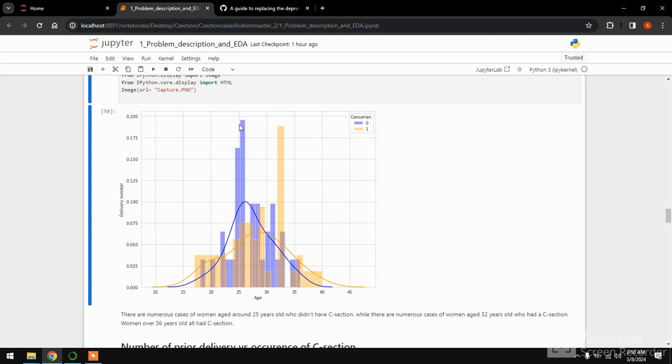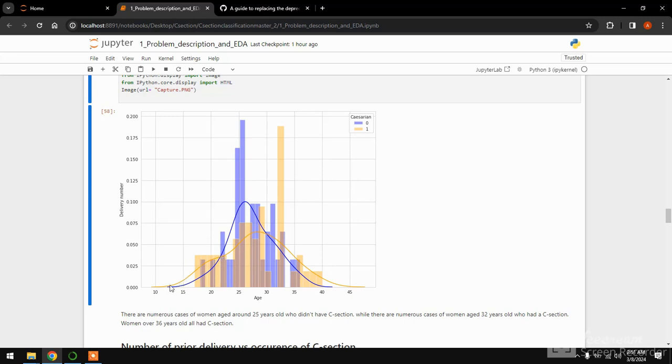As you can see, according to this chart, according to this data set, women between the age of 24 and 26 had the most probability of delivering through C-section, and women between the age of 33 and 34 had the least probability of delivering through C-section. We don't know if it was taken in America or in South Africa, but according to this data set, these are the observations.